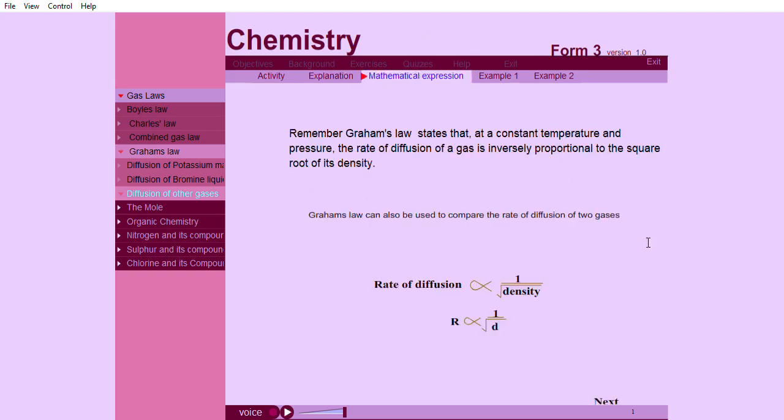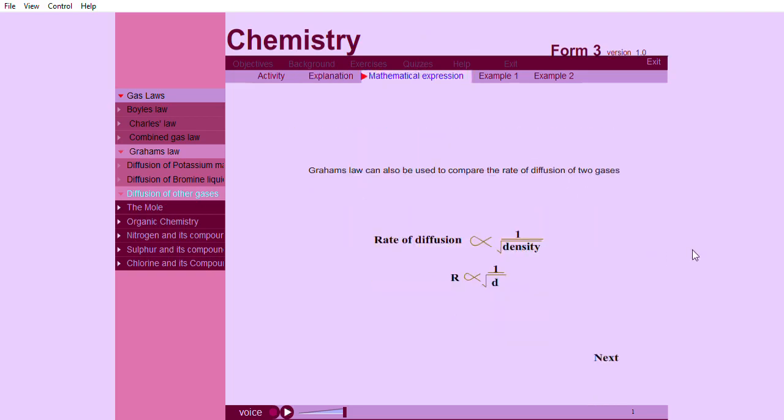Remember Graham's law, which states that at a constant temperature and pressure, the rate of diffusion of a gas is inversely proportional to the square root of its density.